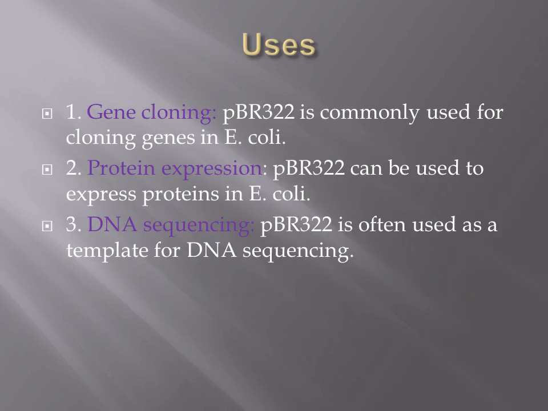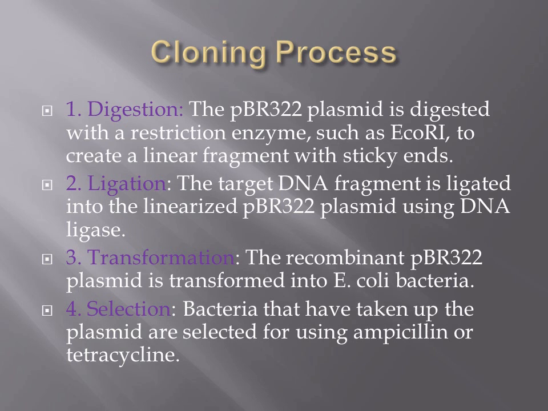So what are the uses of this particular pBR322? It helps in gene cloning, protein expression and DNA sequencing. Cloning processes involve digestion, ligation, transformation, and selection. The pBR322 plasmid is digested with a restriction enzyme such as EcoRI to create a linear fragment with sticky ends.